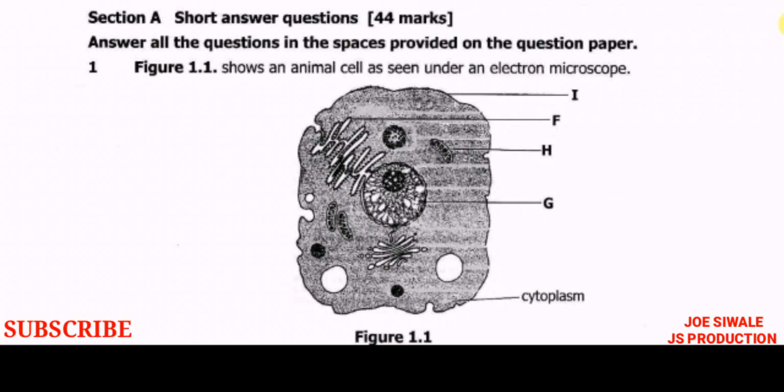So the function of the mitochondria is to provide the cell with energy, because this is where respiration takes place. And you must note that animal cells contain a lot of mitochondria as compared to plant cells, because animal cells need a lot of energy.